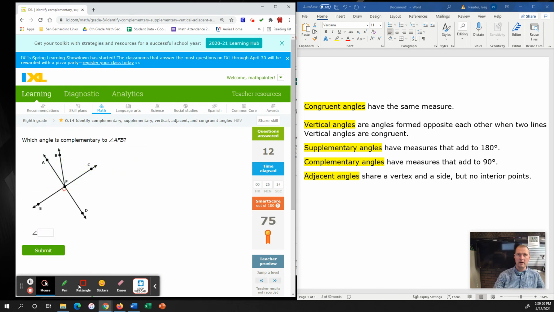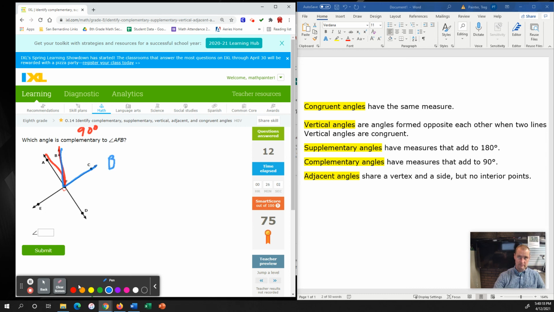All right, next question. We got which angle is complementary to angle AFB? So first of all, let's identify AFB. Well, we're looking for complementary, which means 90 degrees. So the only one that could work is BFC. Now you could also say, let's write this down.